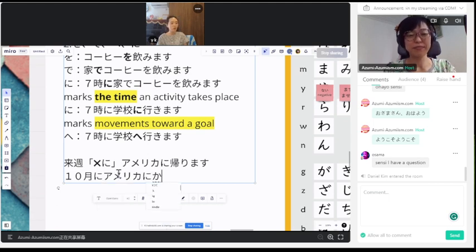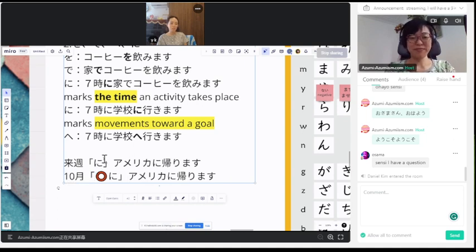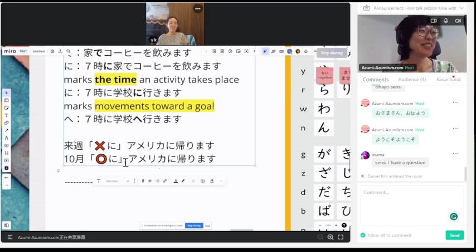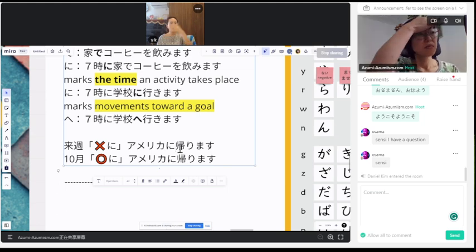Okay, 10月にアメリカに帰ります. Yes, correct. Why is it okay? 10月 is like a certain time, a special time. But 明日 or 毎日 is not a certain time. It depends on the day. So it's different. Okay, good. Thank you for trying.